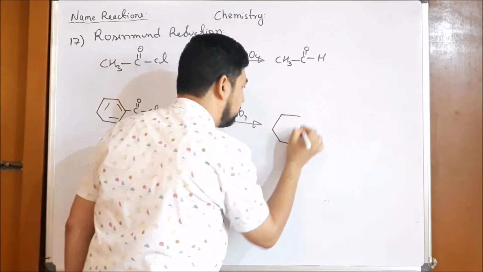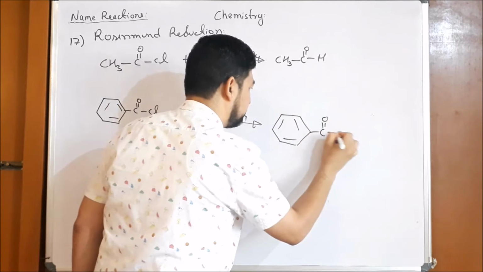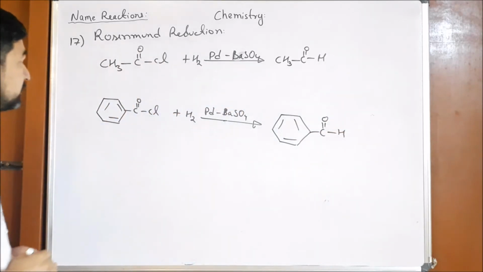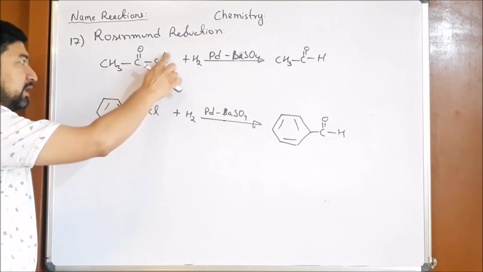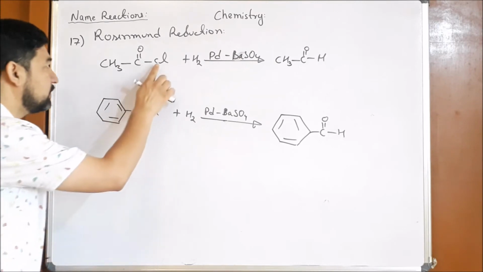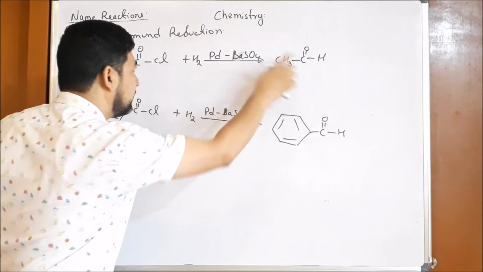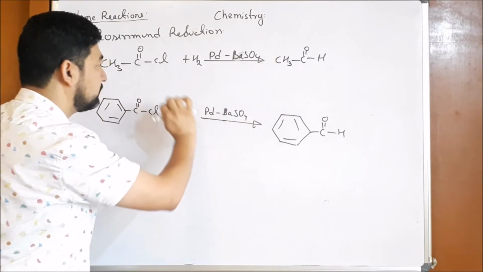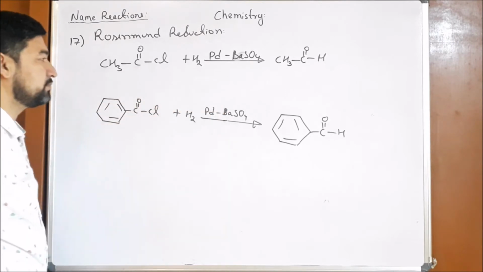So it will form benzaldehyde. The removal of an electronegative group is also called reduction, right? So we are removing the chloride from here and adding H here. This is known as Rosenmund reduction.